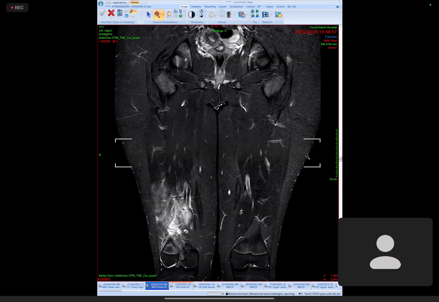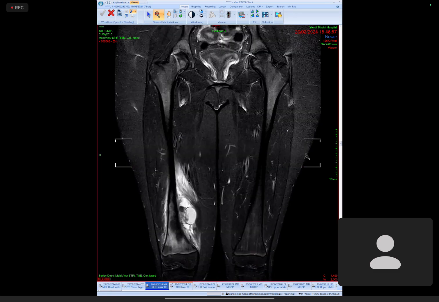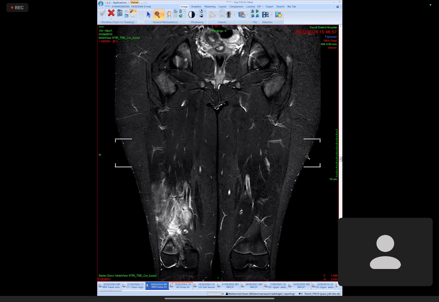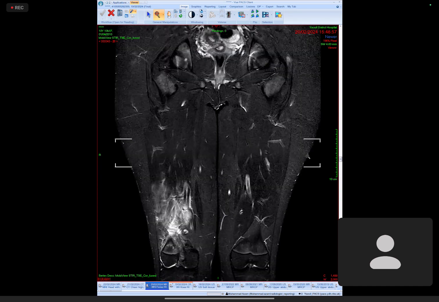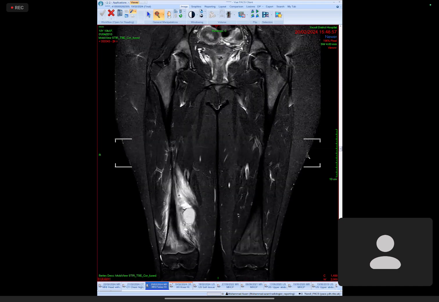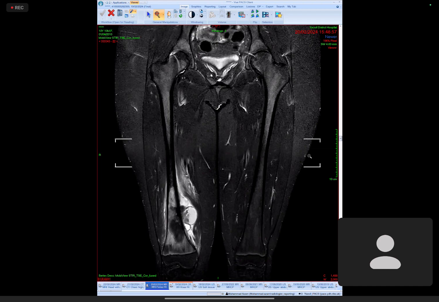So the lesion, okay. There is a signal alteration in the lower shaft of the femur with heterogeneous signals of mixed intensity, areas of low density intermixed with areas of high density marrow edema.